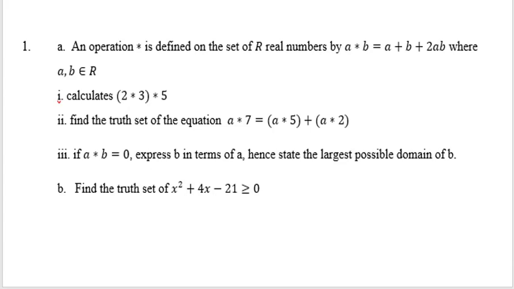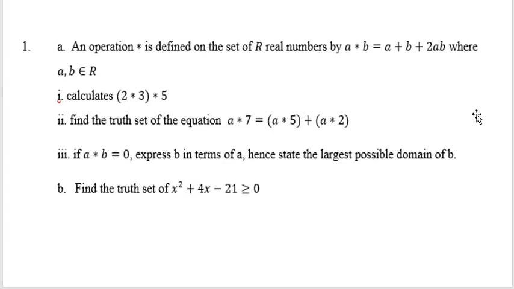It states that an operation is defined on the set of real numbers R by A star B being equal to A plus B plus 2AB, where A, B belong to R.